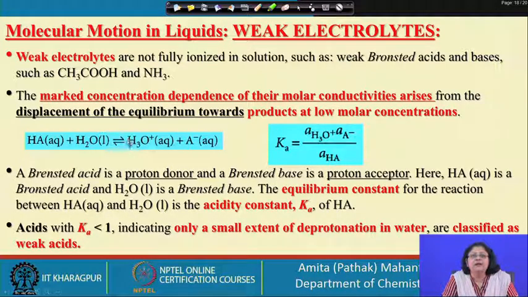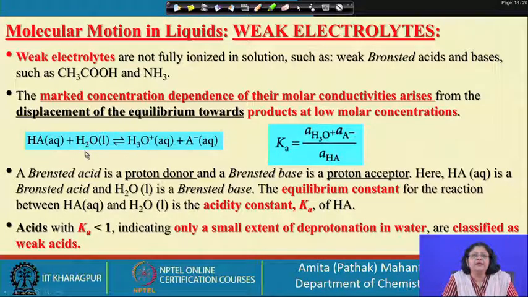What does that mean? Suppose you have this dissociation, and this is the Bronsted acid which we are looking into. A Bronsted acid, as you know, is going to be a proton donor. A Bronsted base is one which is going to accept the proton.